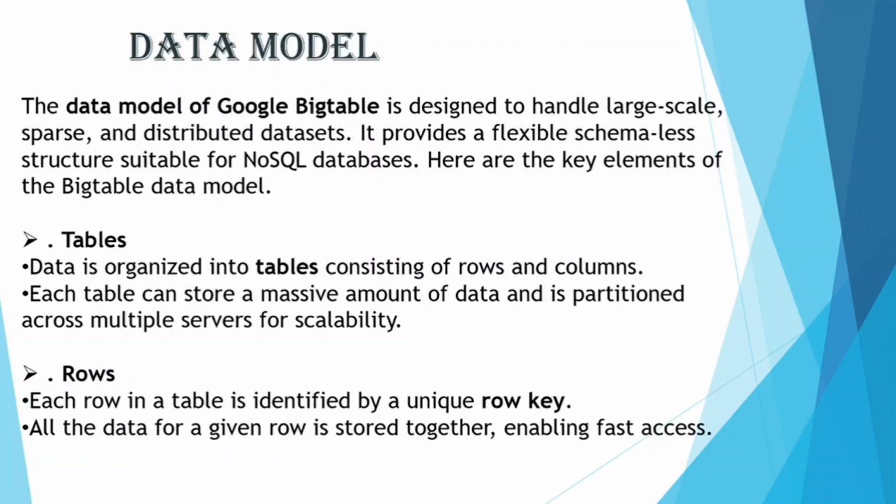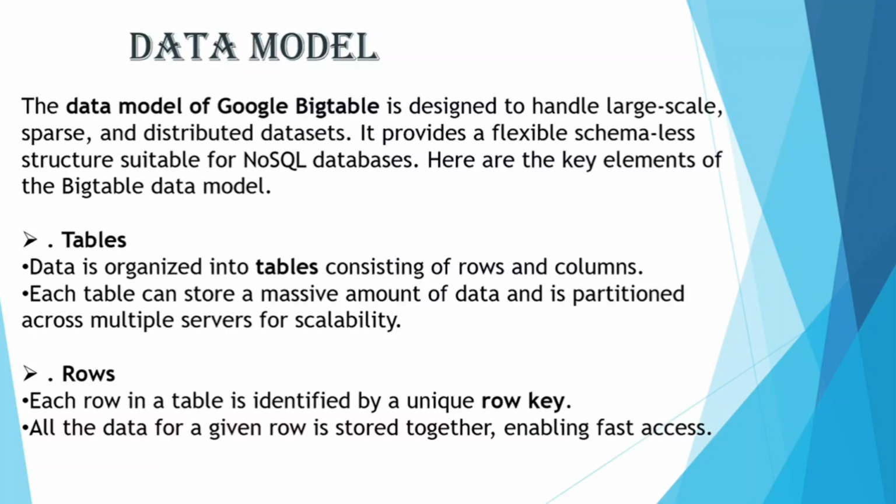Now, what are the data models? The data model of Google Bigtable is designed to handle large-scale, sparse, and distributed datasets. It provides a flexible, schema-less structure suitable for NoSQL databases. Here are key elements of the Bigtable data model. Tables.